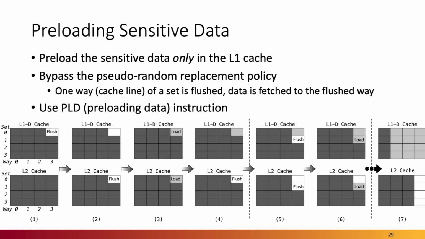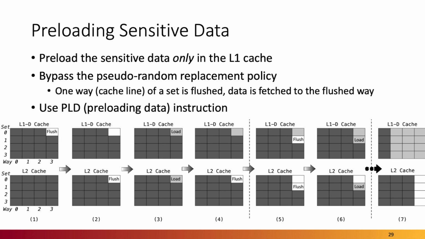In the preloading phase, SmokeBomb preloads the sensitive data to the add-on cache. Processors typically implement a pseudo-random placement policy for caches. Therefore, we need to bypass the random placement policy. Otherwise, sensitive data loaded by SmokeBomb can be evicted by other sensitive data while preloading it.